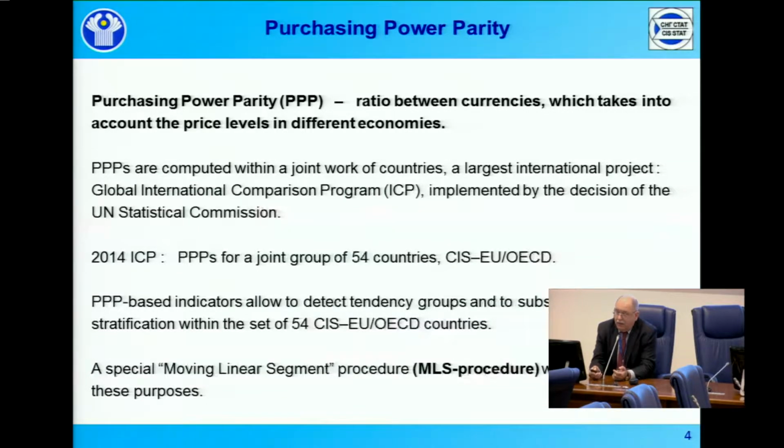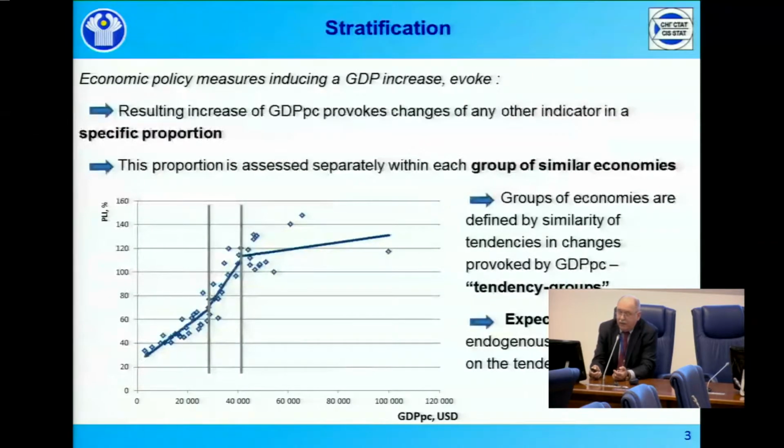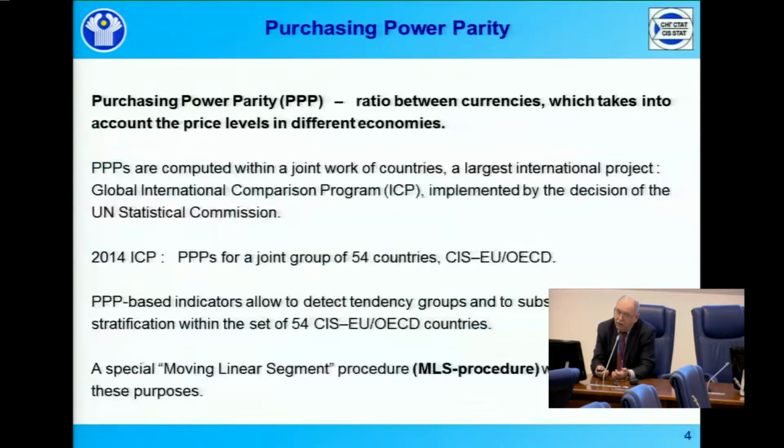Trying to find subgroups in this data, a special procedure, which we call the moving linear segment procedure, was elaborated to look for these tendency groups. I mean, each group has its own tendency of changing of an indicator depending on the GDP per capita.